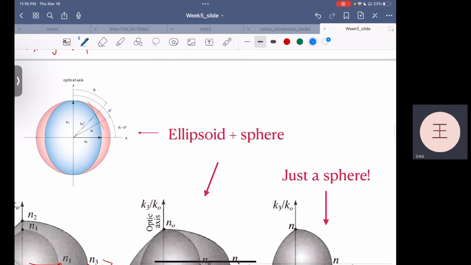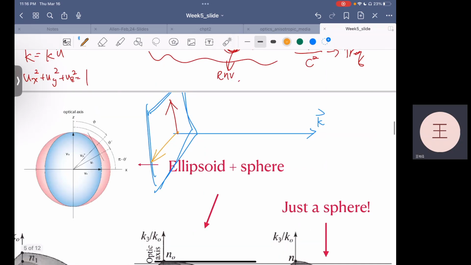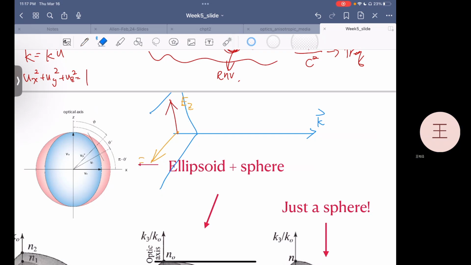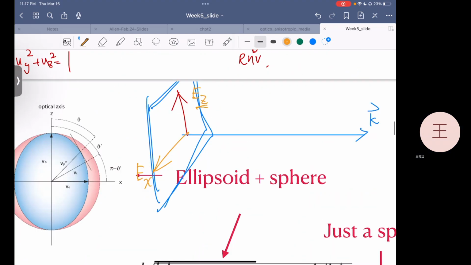Let's decompose it into a diagram view. For a wave propagating in the y direction, the normal modes are along the normal plane. The two solutions we may have are the Ez and the Ex components. Because the Ez suffers from the index nz, it travels with velocity c over nz.